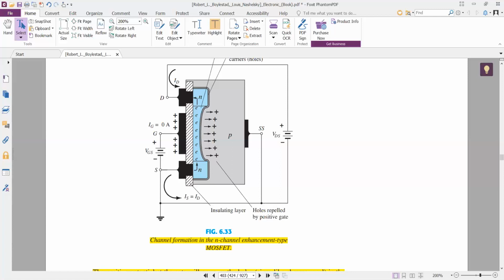As you can see here, there is quite a large number of minority carriers left in this region, while all of its majority carriers are pushed back deep into the P substrate.